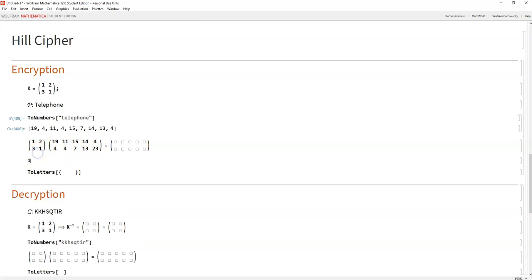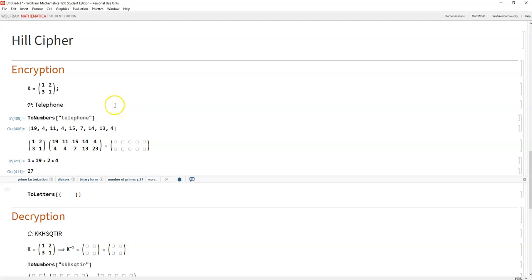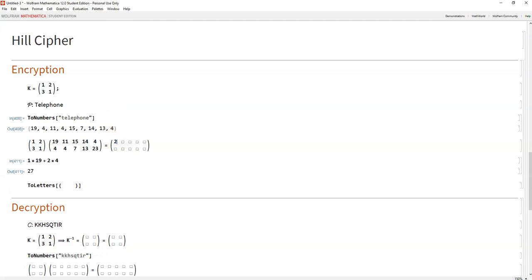So to begin with, again, I take first entry times first entry, second entry times second entry, and I add those two together. So that's going to get me 27. To make things a little different, last time I went across the rows, maybe this time I'll go down columns.